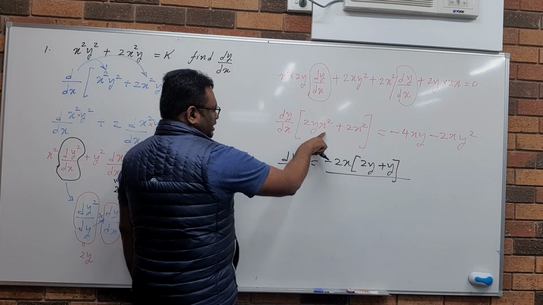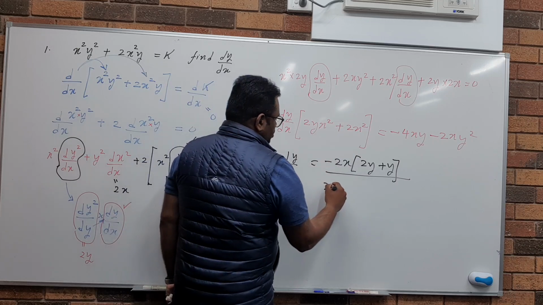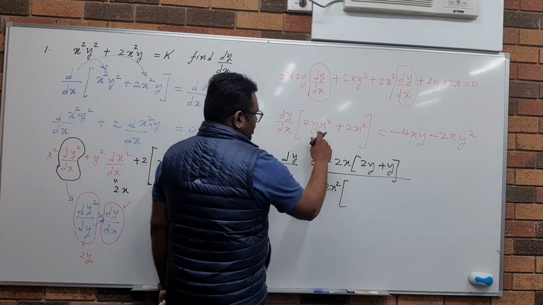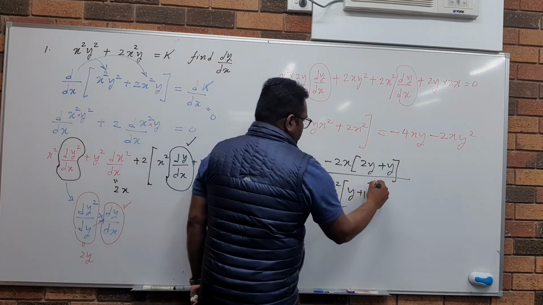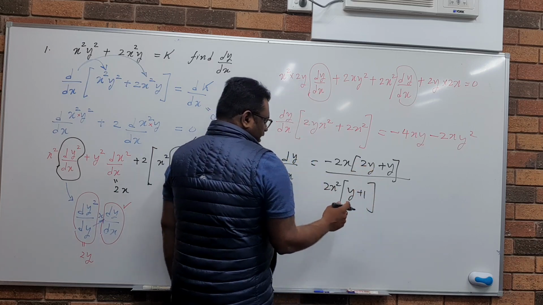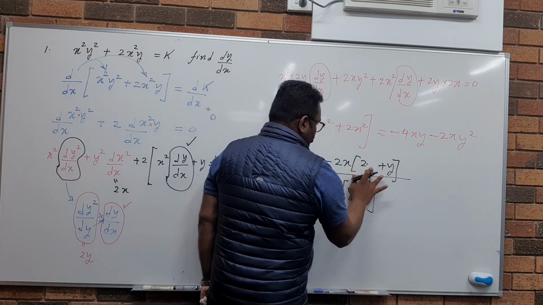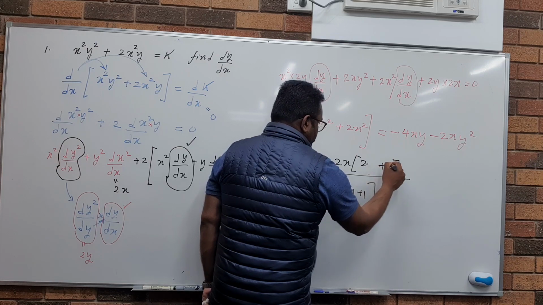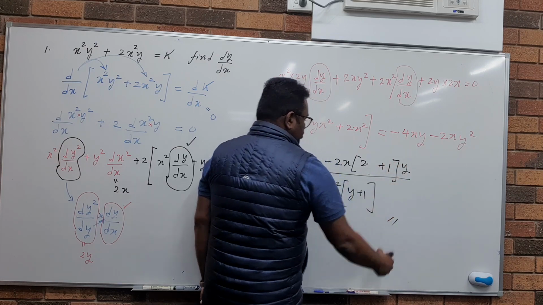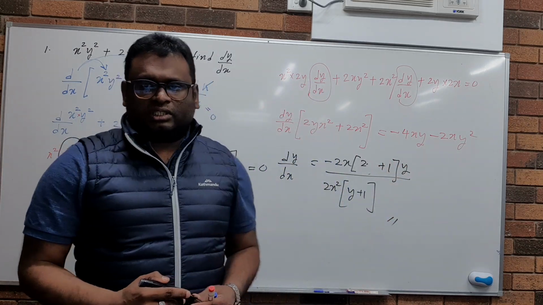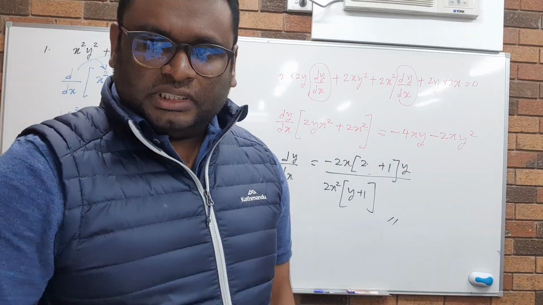Then from here, I'm going to get 2x squared out, so it's going to be 2x squared, and I get y plus 1. Right? So if you want to have a nice answer finally, I'm going to take y out as well. So I'm going to produce 1 here and put y here. So that's all about it. That's how you do implicit differentiation properly.